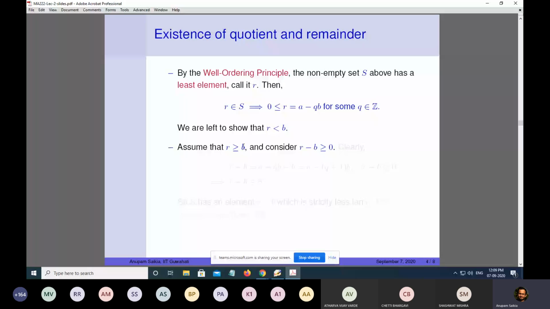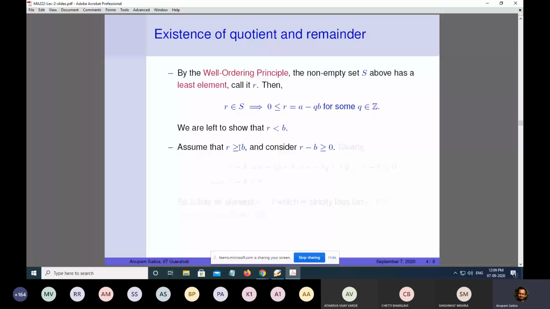Because what we can do, we can subtract B from R, and still we are getting a non-negative integer. Because if R is greater than or equal to B, then R minus B is non-negative.